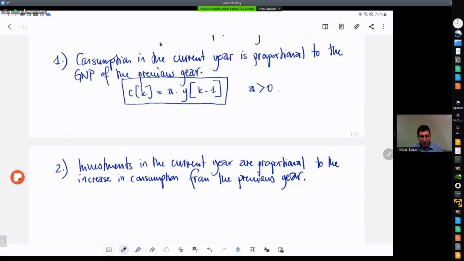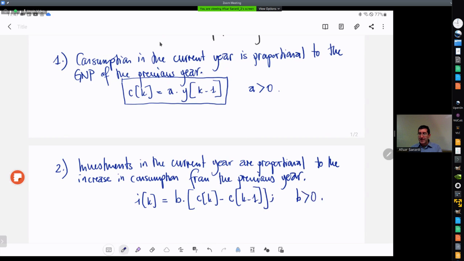First, let me write the equation down. Investments at the current year is equal to B times, this is the proportionality constant, C_k minus C_{k-1}, a difference equation, B being a positive constant.